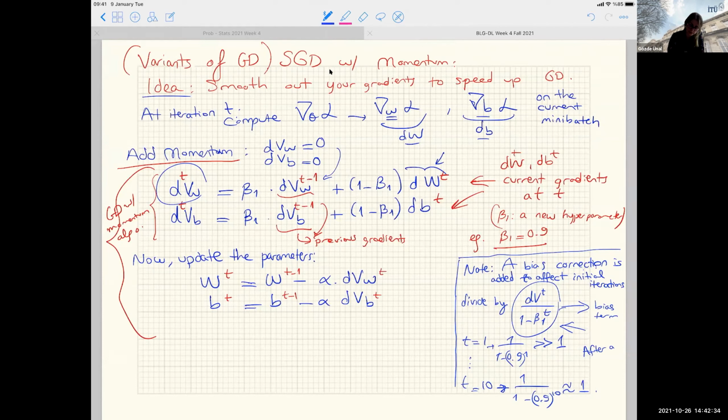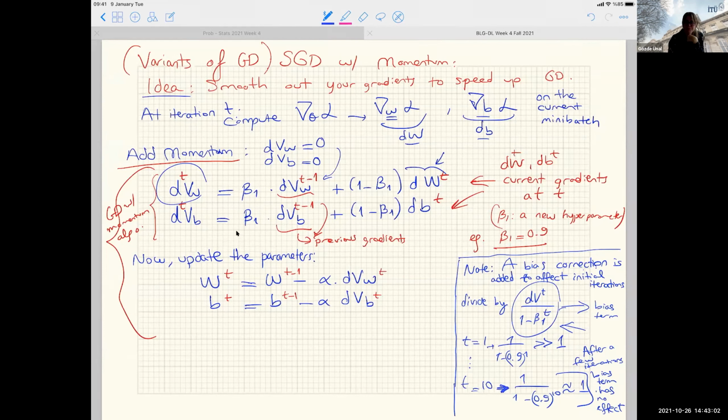After a few iterations, the bias term has no effect, as you can see here. These are heuristics, guys. None of these are really coming from rigorous mathematics. This is engineering currently, what I just noted here, okay?